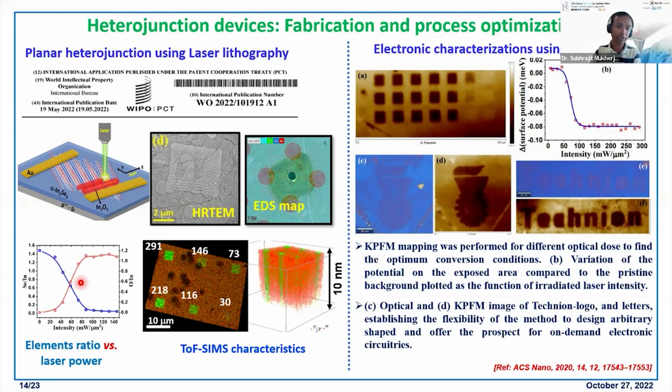From the TEM study and the EDS method, we saw we required almost 90 to 100 milliwatt per square micrometer to convert indium selenide to oxide. Similarly, we found the surface potential changes and saturates beyond 100 milliwatt per square micrometer. So it is almost equal, and you can say that surface potential mapping is also an indication of how the property is changing from one to another.